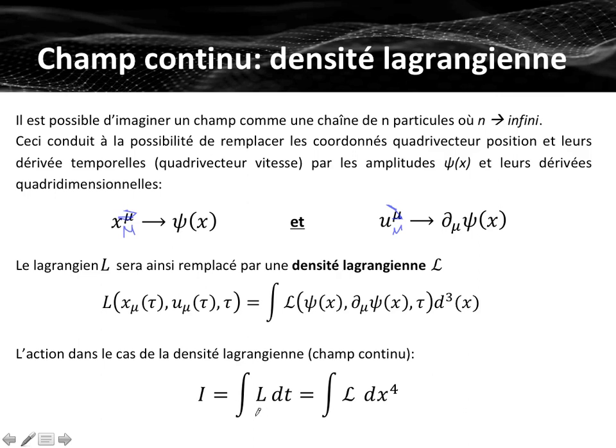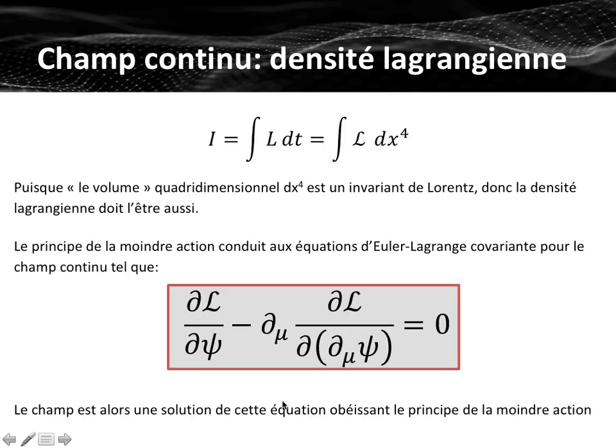Now, if I want to seek the action then of the field, well, then I have to do the integral of the Lagrangian with respect to time, right? And this adds, if you want, the temporal component to the volume in which I'm calculating the Lagrangian density. Then I have, if you want, a four-dimensional volume, which is an invariant of Lorentz.